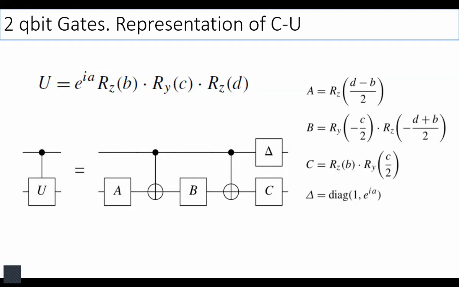And the key element of the proof is the statement, which I have here, such type of structure, that not times Ry theta not is equal to Ry of minus theta.